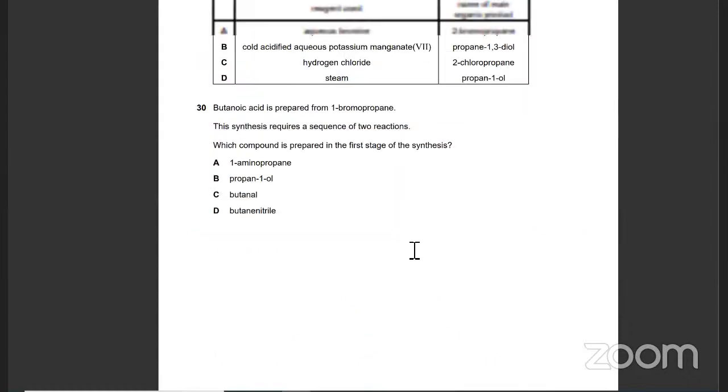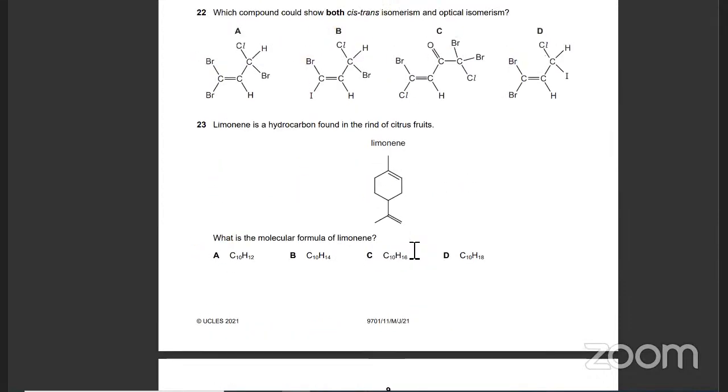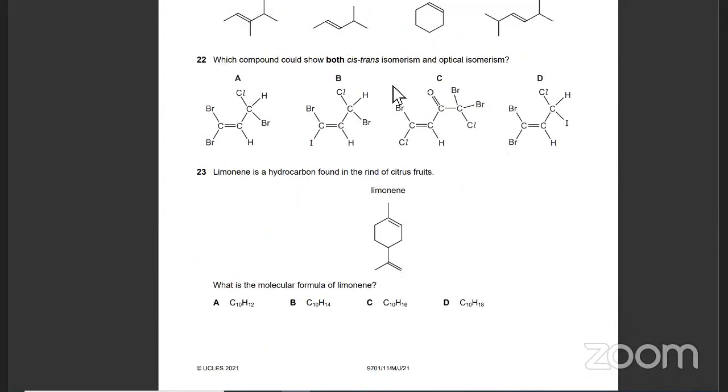Question 22 is this one. He's saying which compound could show both cis-trans and optical isomerism. Yeah, because I was under the impression that for cis-trans you need to have the same group on the carbons.